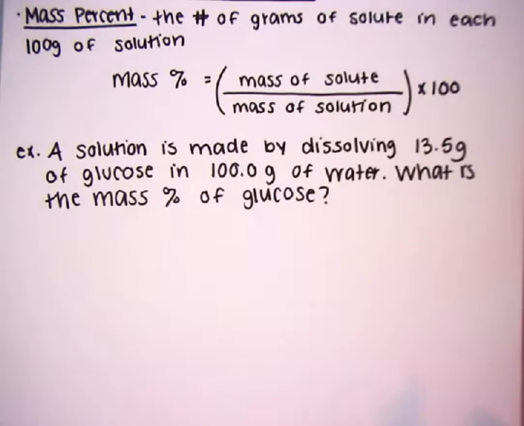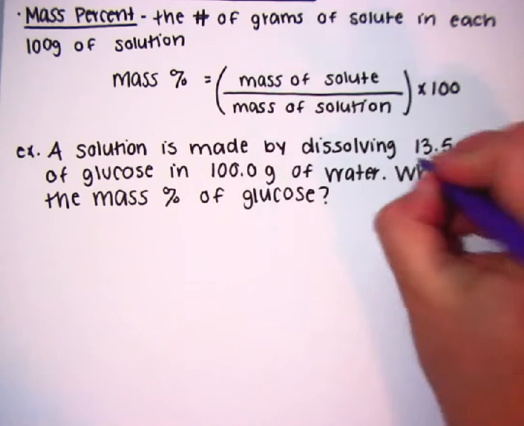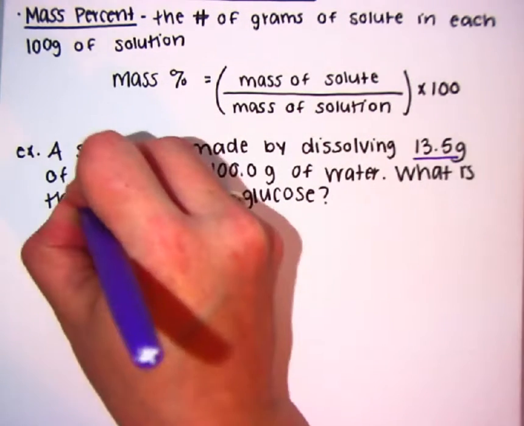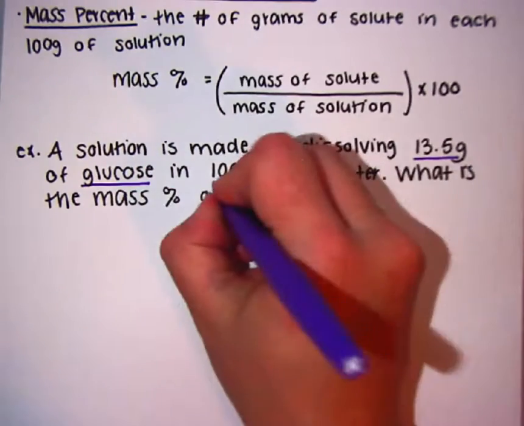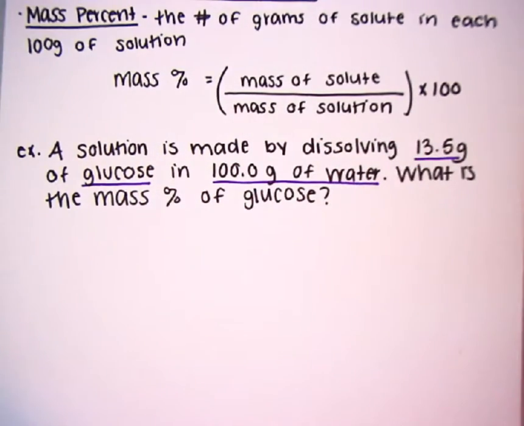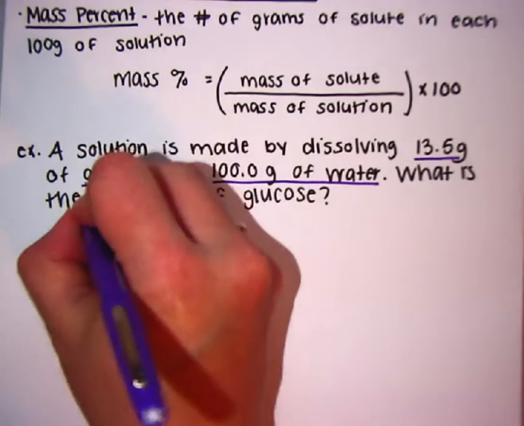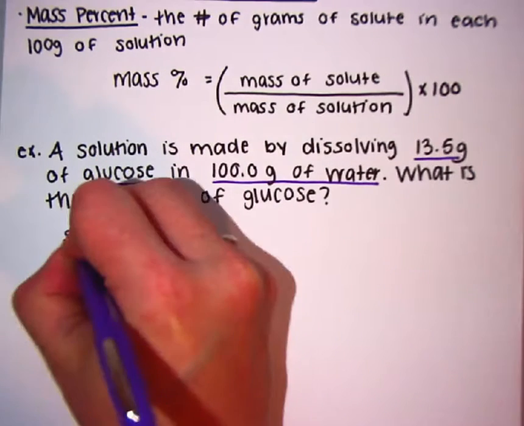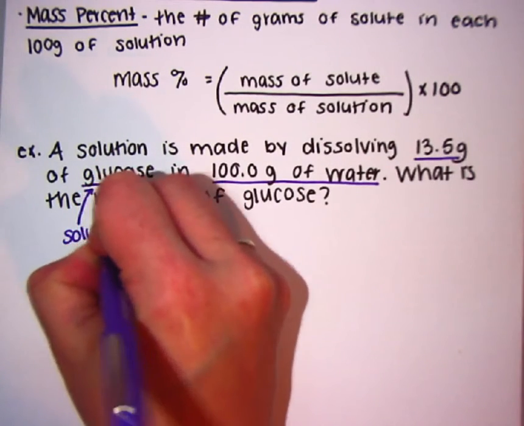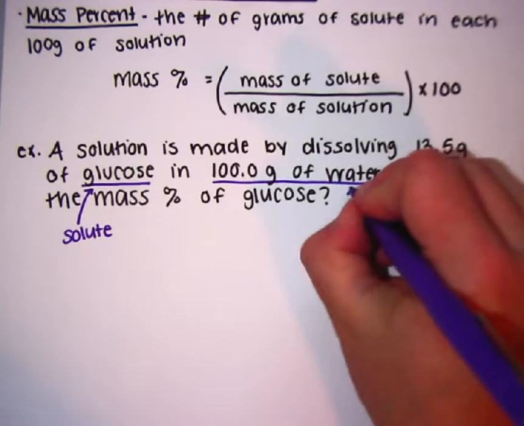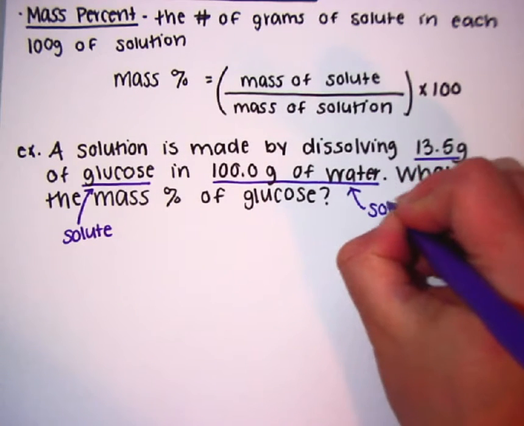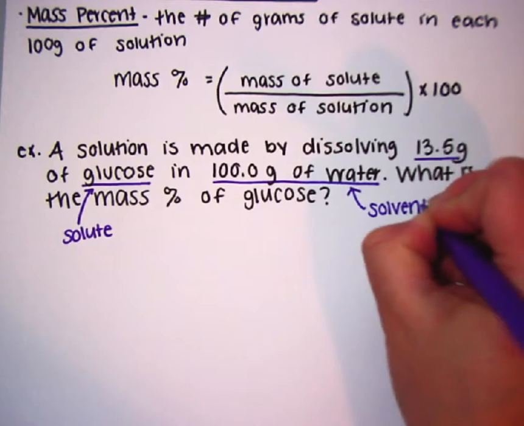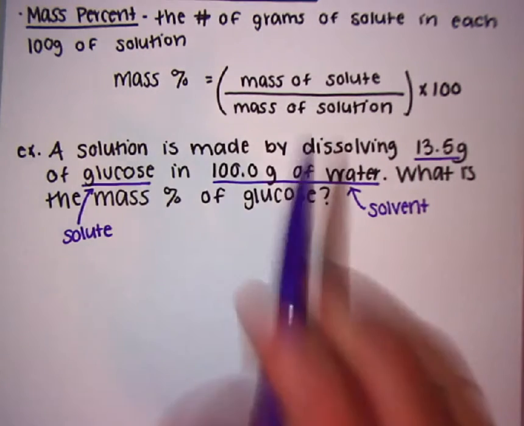The only thing that is tricky about these types of problems is you need to be careful about what you are given. I have 13.5 grams of glucose dissolved in 100 grams of water. The solute is what is being dissolved. The solvent is what it's being dissolved in. But notice my equation.